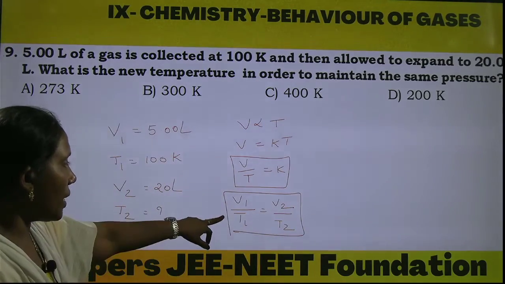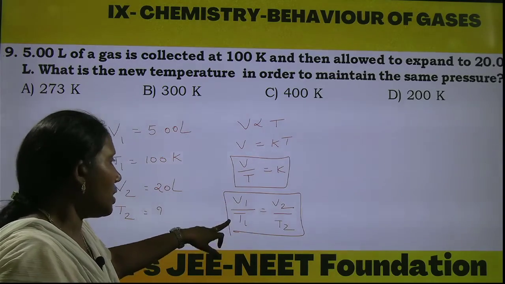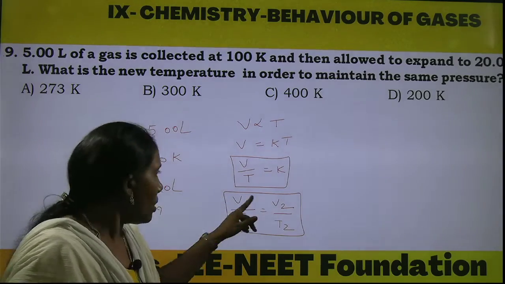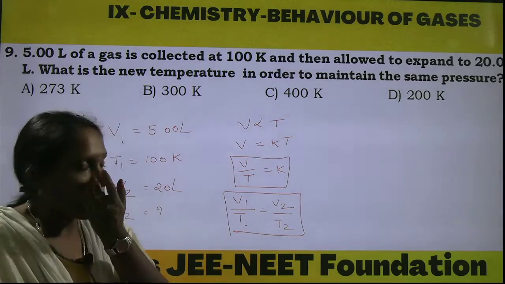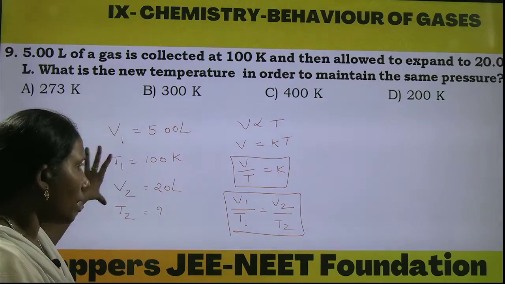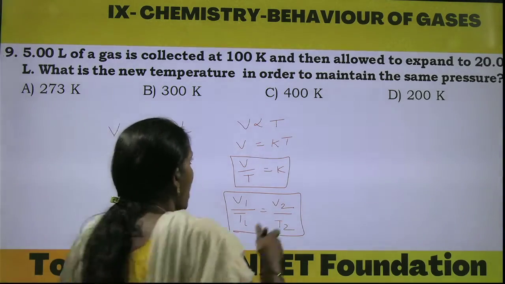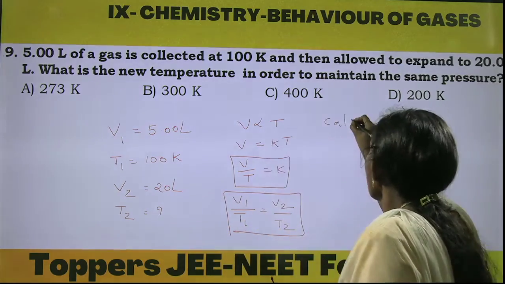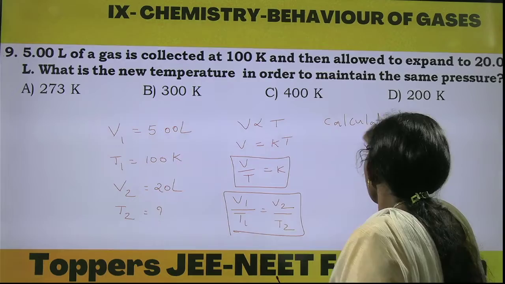V1 by T1 equal to V2 by T2. V1 is given as 5 liters, T1 is given as 100 Kelvin, V2 is 20 liters, and we have to calculate T2. So this is the given data and this is the formula we are using for this problem. Then the calculation: just substitute the given data in the formula.